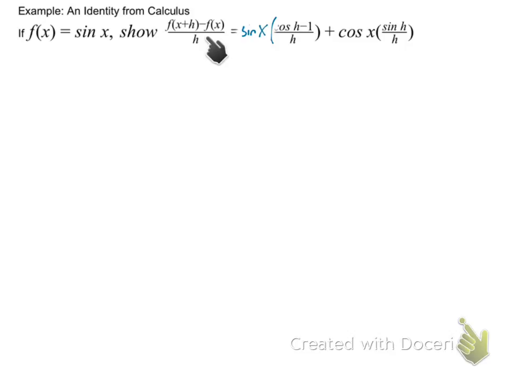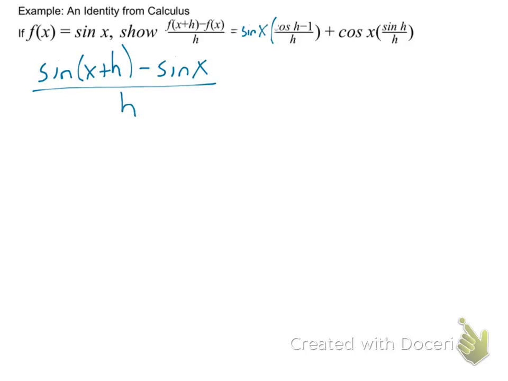So in this case, I'm going to work with the left-hand side and the fact that f of x is sine of x. So what does it mean to be f of x plus h, though? Doesn't that mean to be sine of x plus h minus sine of x all over h? Can we expand or do anything with this problem?